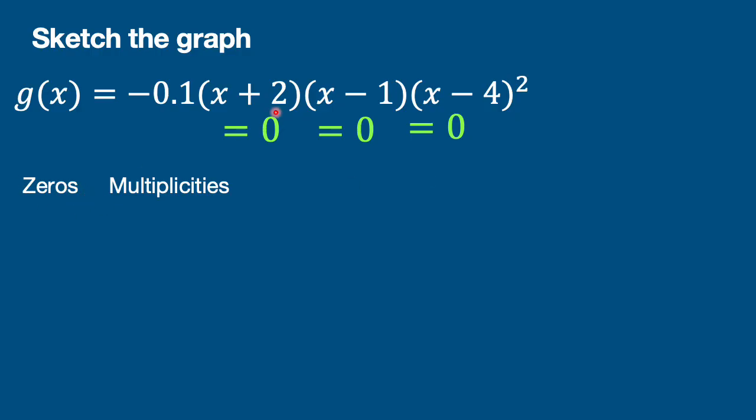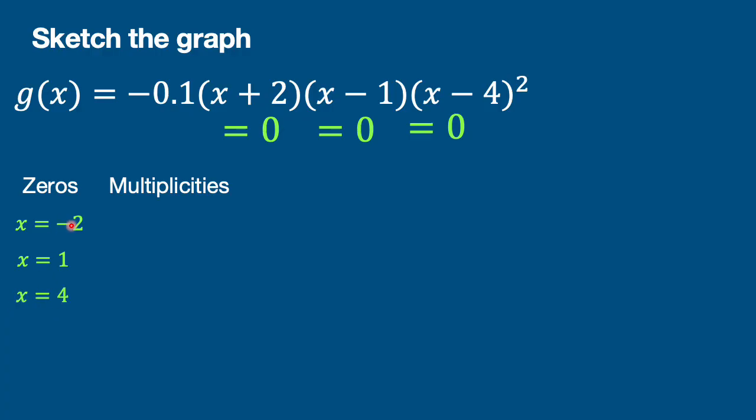Find the zeros first. x plus 2 equals 0 means x equals negative 2. x minus 1 equals 0 means x equals 1. x minus 4 squared equals 0 means x minus 4 equals 0, so x equals 4.